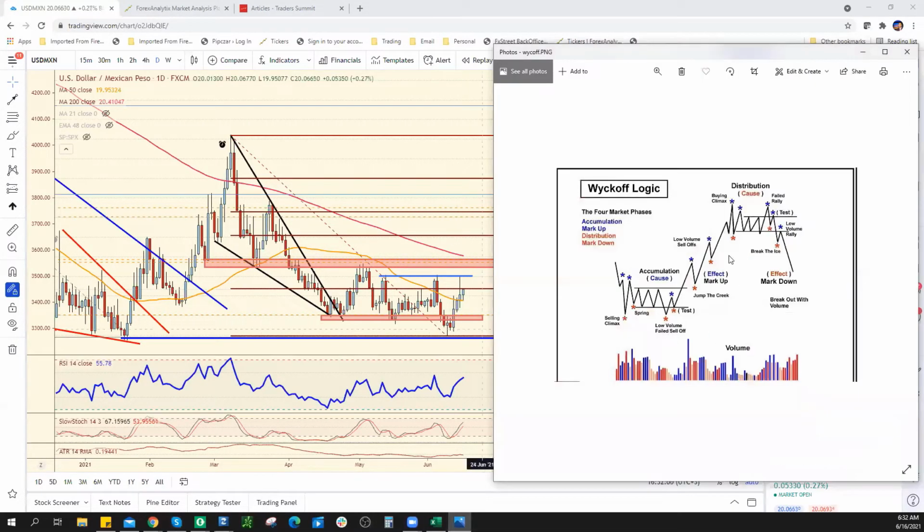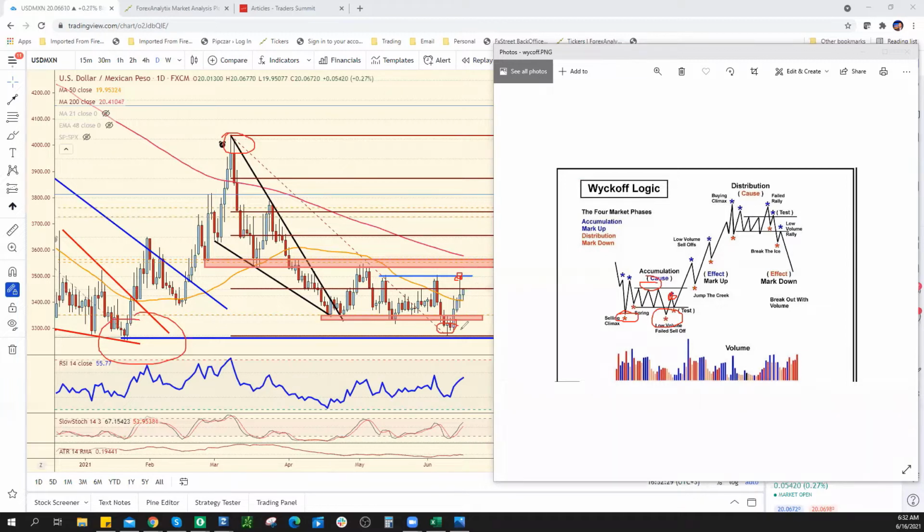Wyckoff. Yeah. Again, I'll reiterate. I think that we are here. That just happened, right? This is there. That is somewhere up here.